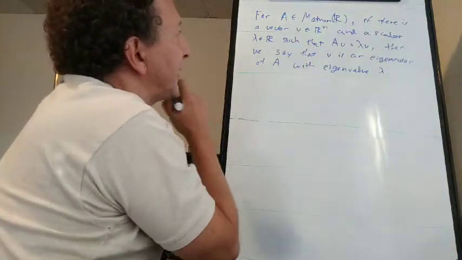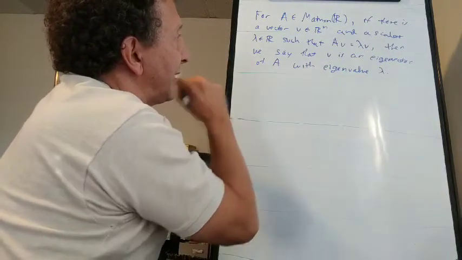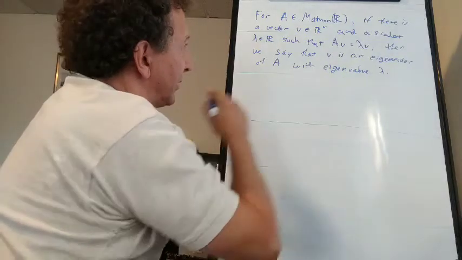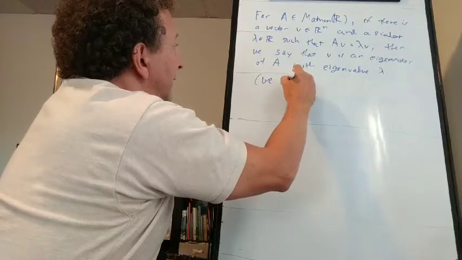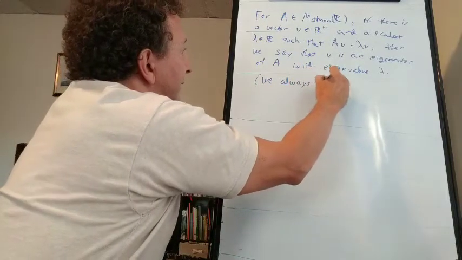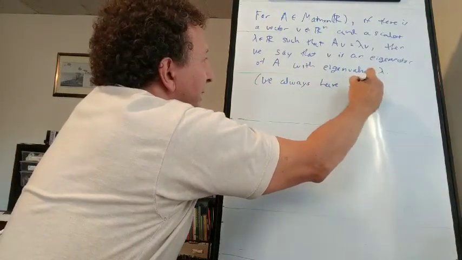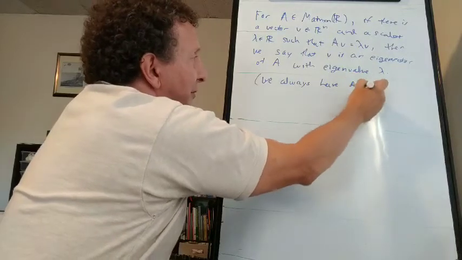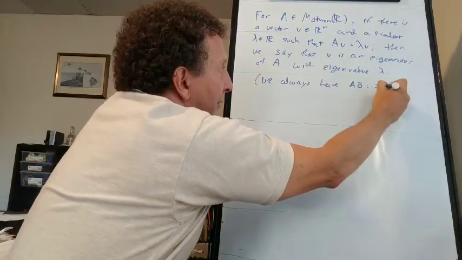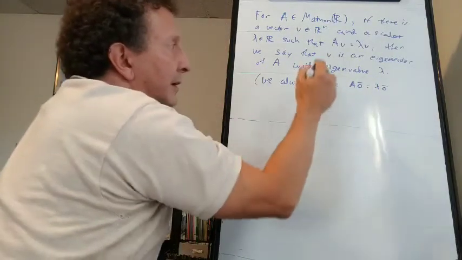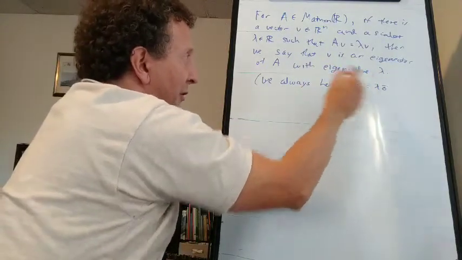And I should mention only the non-zero vectors V having this property are interesting. Because if you multiply a matrix A times 0, then that always equals a scalar times 0, because we have 0 equals 0.